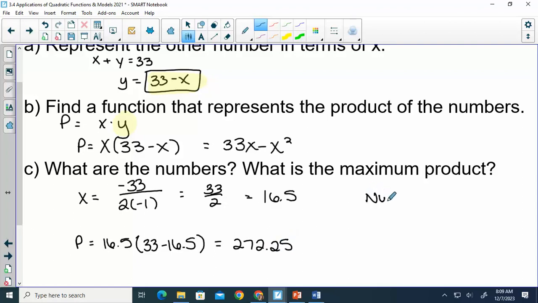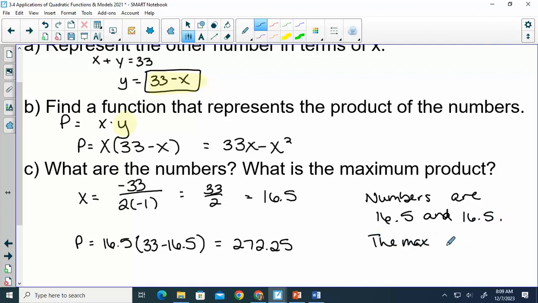So the numbers are 16.5 and 16.5 is the first number. How do we get the second number? Plug it in where? The y is 33 minus x, so 33 minus 16.5 is 16.5.